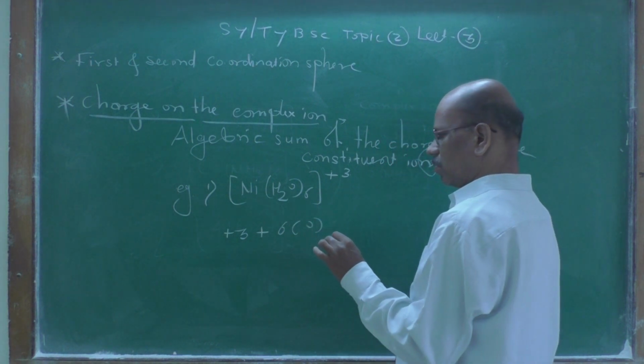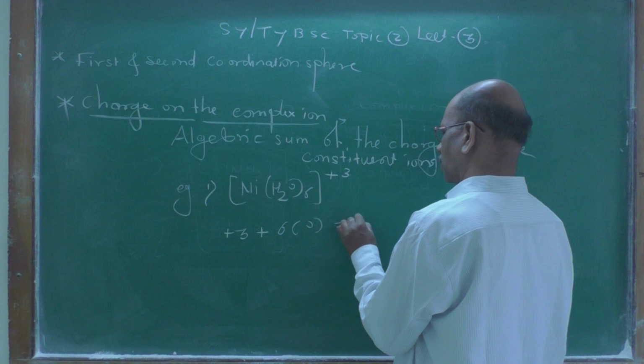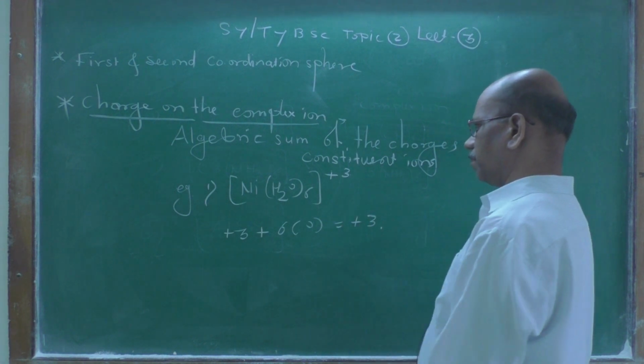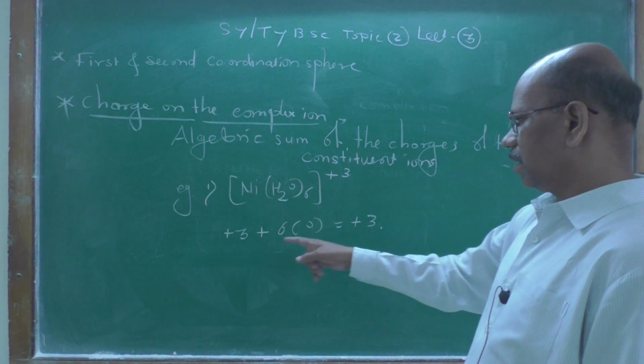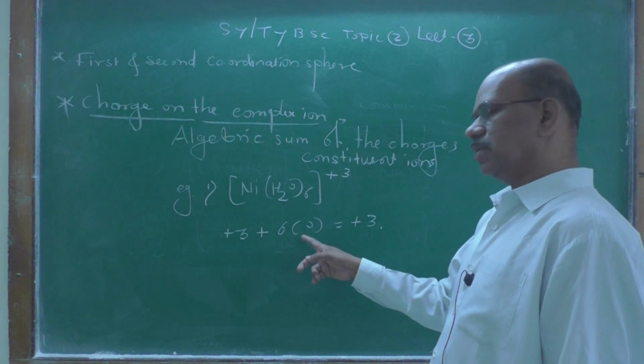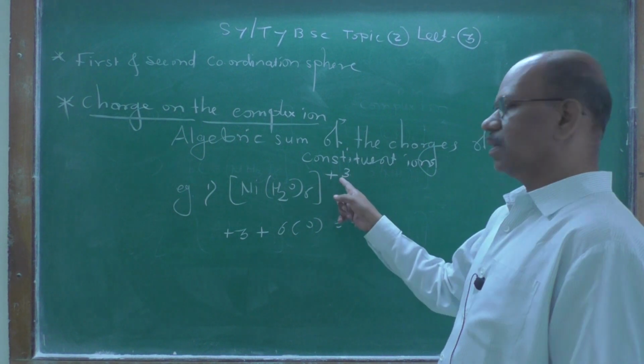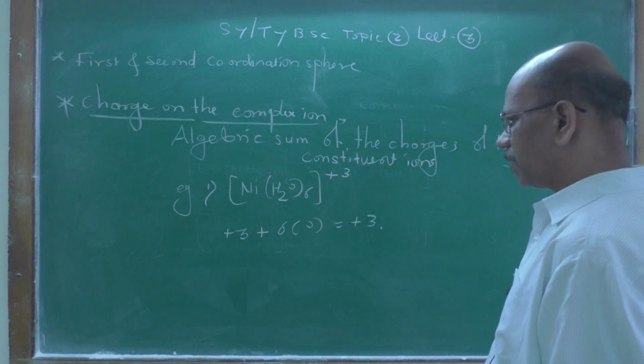On each water molecule the charge is 0, so the total is +3. The algebraic sum of the charges of the constituent ions, +3 and 0, is equal to +3, so it is the charge on the complex ion.